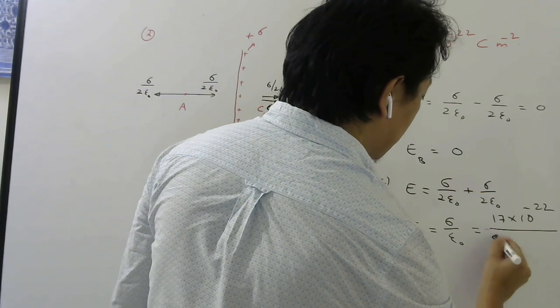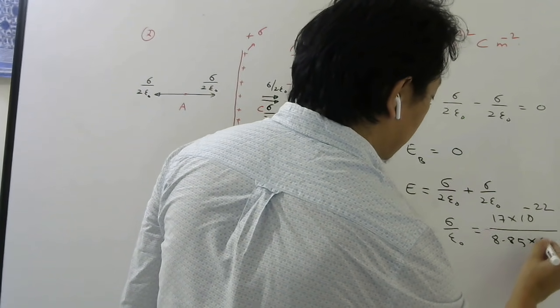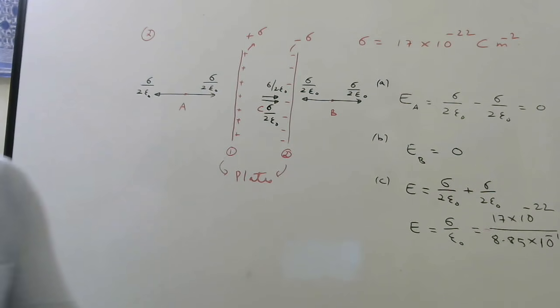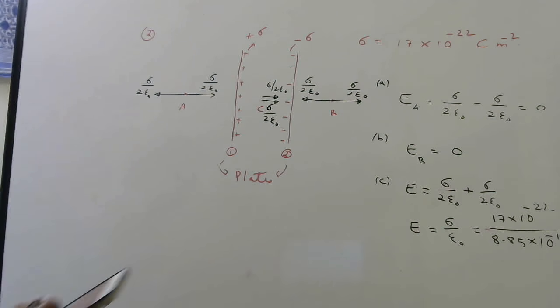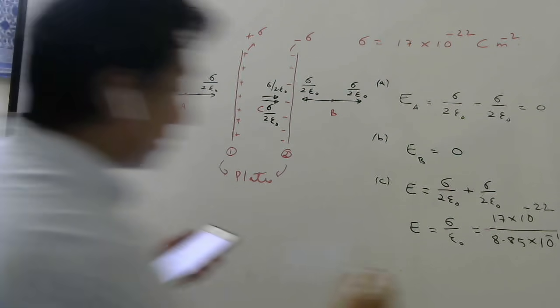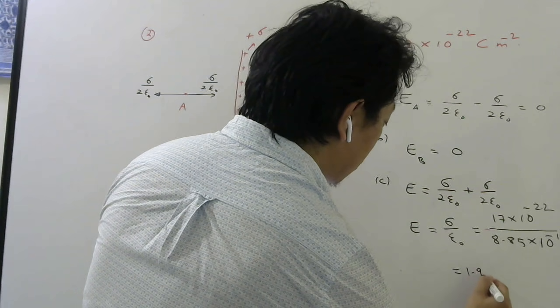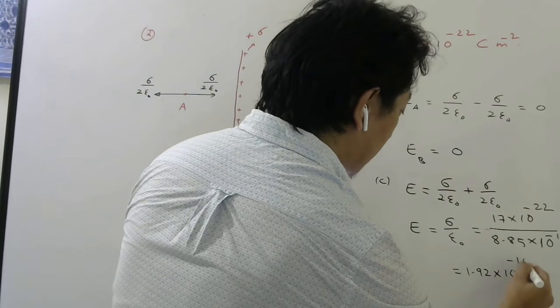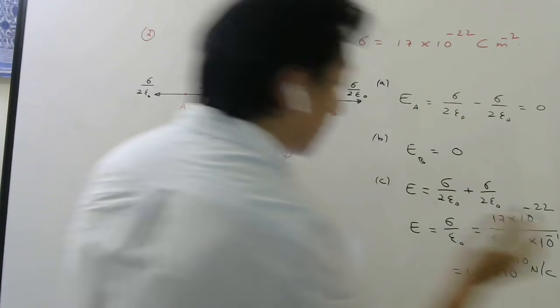Epsilon naught value is 8.85 into 10 power minus 12. So use your calculator. Let me give you what answer I have found. The answer is 1.92 into 10 to the power minus 10 Newton per coulomb.